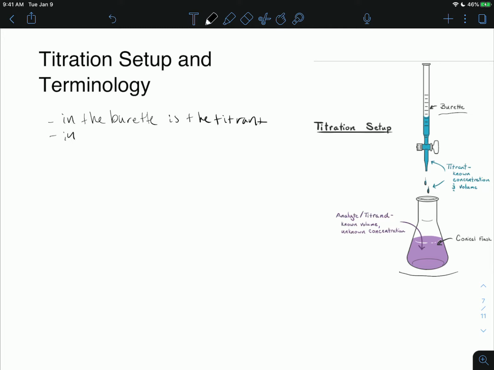So in an Erlenmeyer flask is the unknown, which is the analyte. So the titrant is the same as a standard solution.